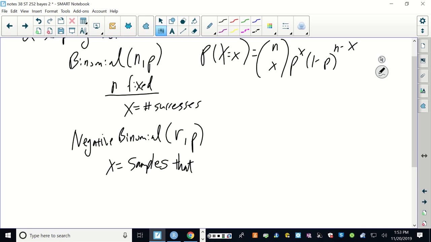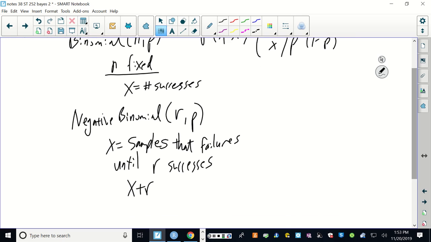It could be the total number of samples or the number of samples that are failures until you have r successes. The total number here, x plus r, right, is not bounded. You could have to keep going forever just to get r successes, or for a very long time, or it might happen quickly. You don't know how long you're going to sample.